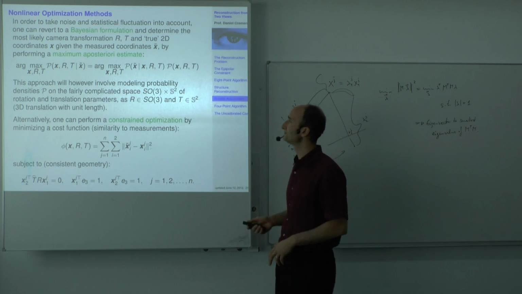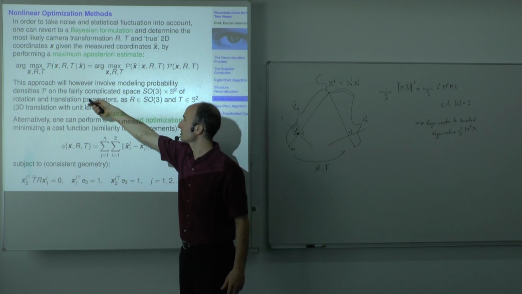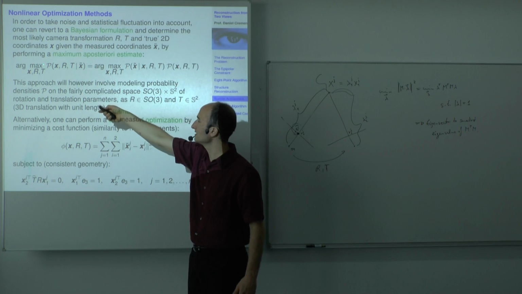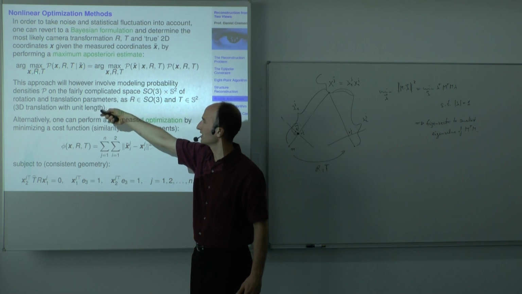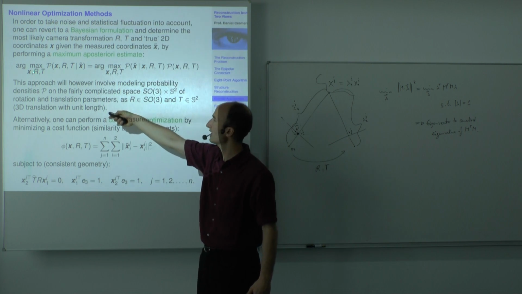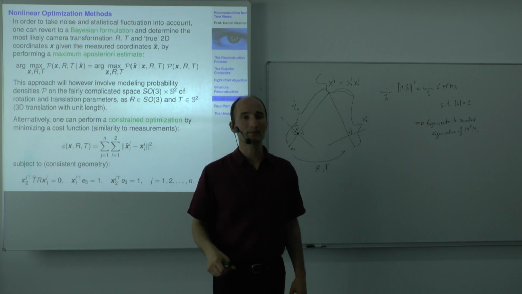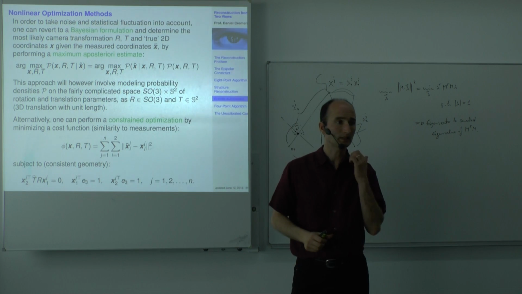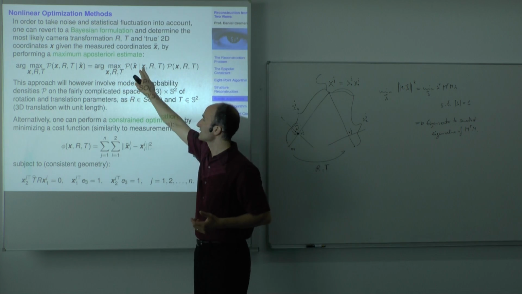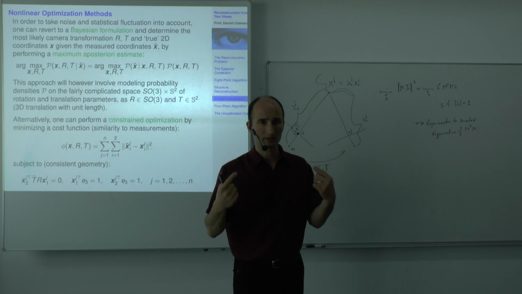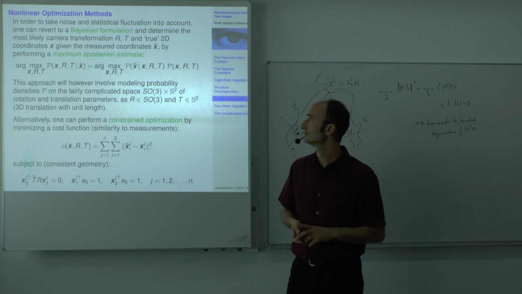And then I say, fine, and this is a conditional probability distribution where you say, find the most likely 2D coordinates and rotation and translation of the camera given the estimated 2D coordinates, x tilde. Little x would combine all 2D coordinates of all the points that I observe.